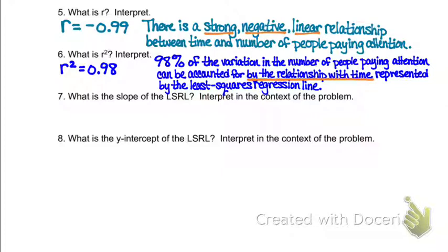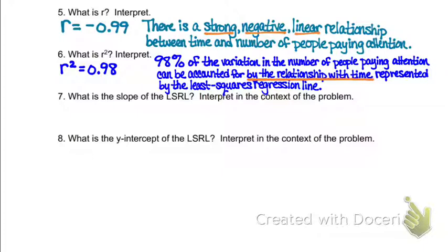This is actually a spot where researchers will dig in and try to come up with even better models. If we have an R squared value like this, 2% of what we're seeing in our y values is not being accounted for by time.